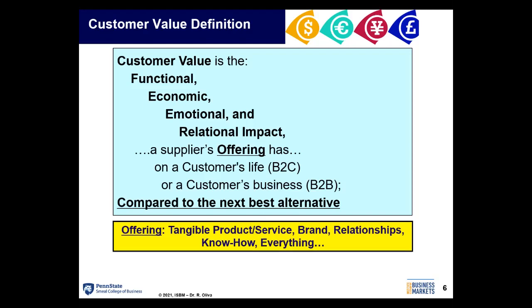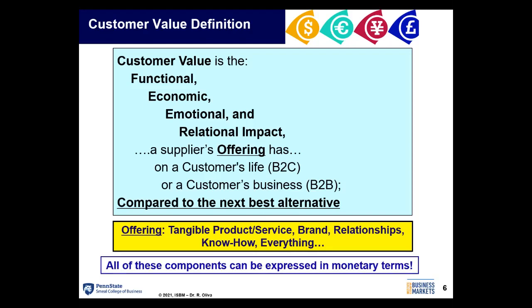We use the term offering to always go beyond product. This often might involve a tangible product like a chemical or a manufactured element, but it also includes everything that's wrapped around that. And all of these components, we insist, can be expressed in monetary terms if you work through the calculations and work with your customer.